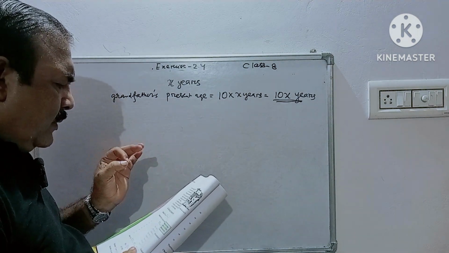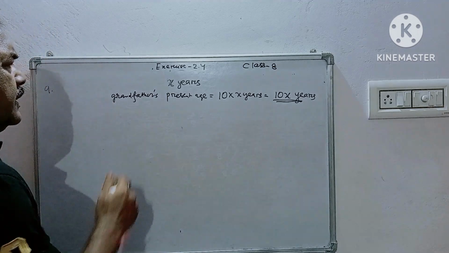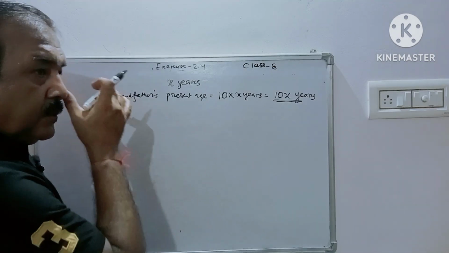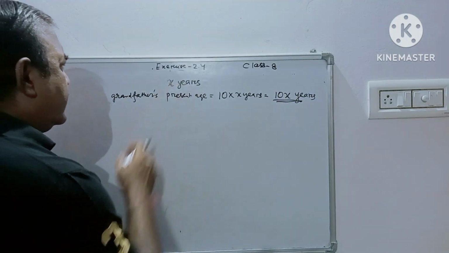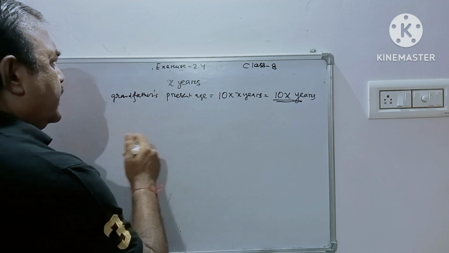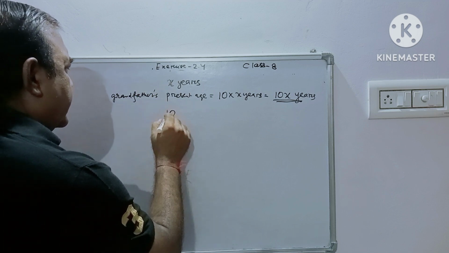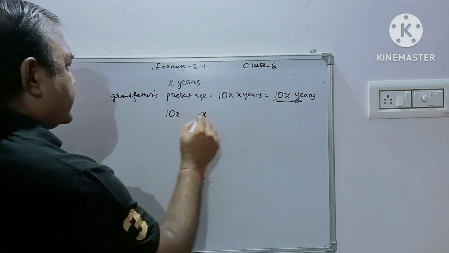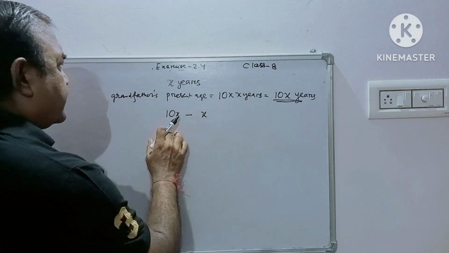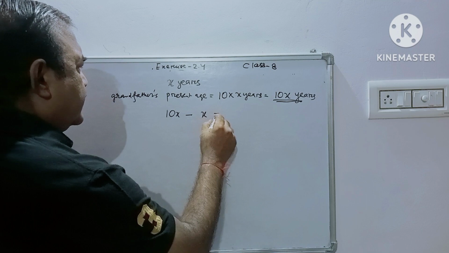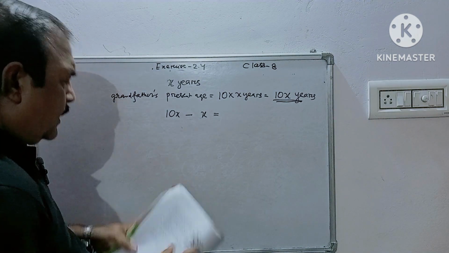He is also 54 years older than her. So according to the question, you see the difference between the two present ages of the grandfather and granddaughter. That means 10x here and here it is x. So the difference, that means 10x minus x, that is equal to 54 years.